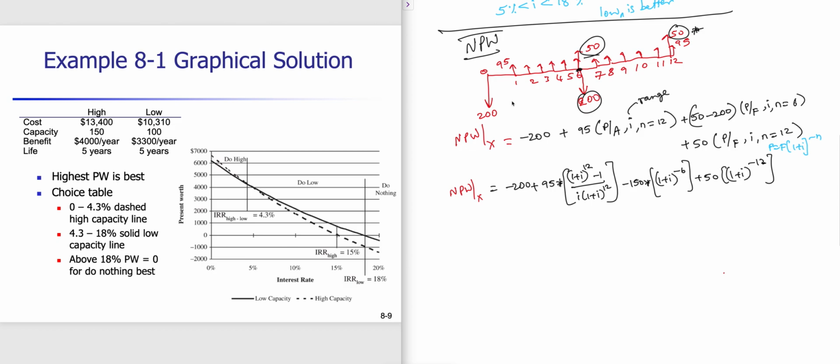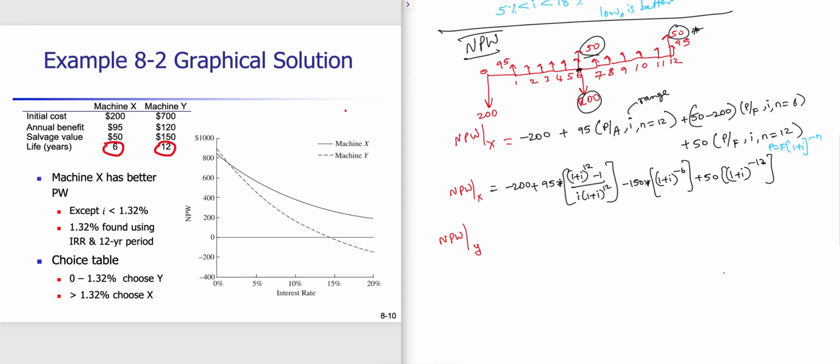So similarly, what is net present worth when we buy machine Y? For that cash flow, the initial investment is negative 700.